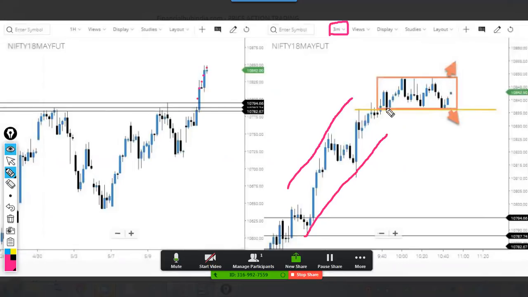So these consolidation phases after a long uptrend rally or a downtrend rally really give you a good chance to trade the breakouts of the overall consolidation range. The same thing was happening here.